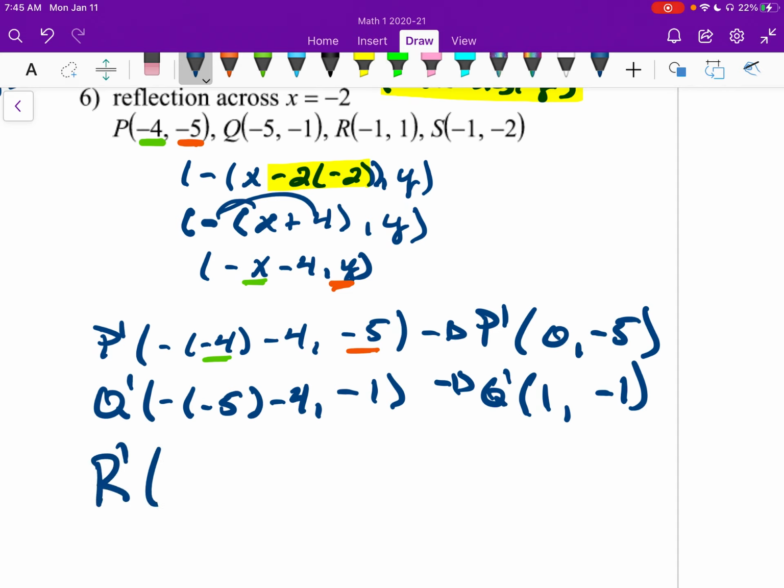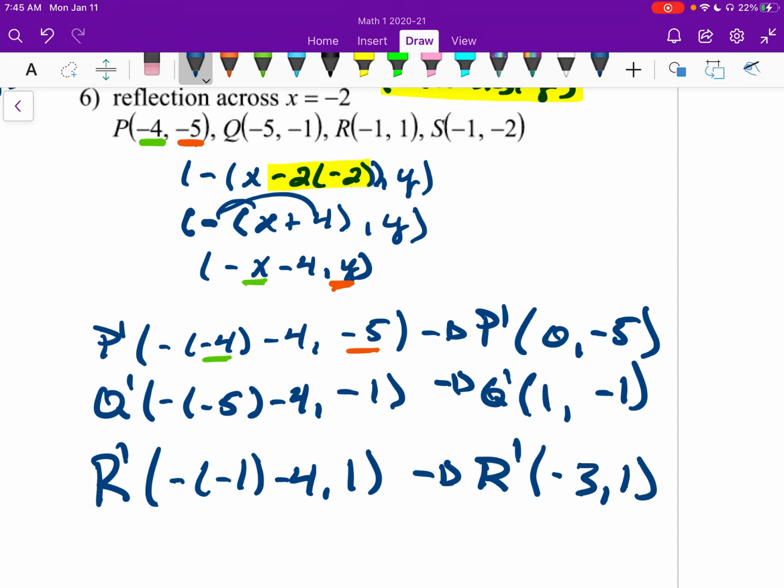R prime will be at (-(-1) - 4, 1). So R prime will be at 1 minus 4, which is negative 3, and 1. S prime, to finish it off, will be (-(-1) - 4, -2).